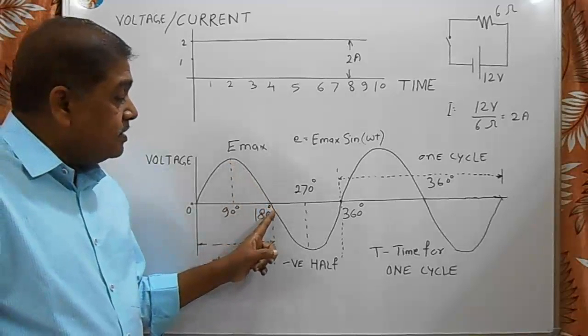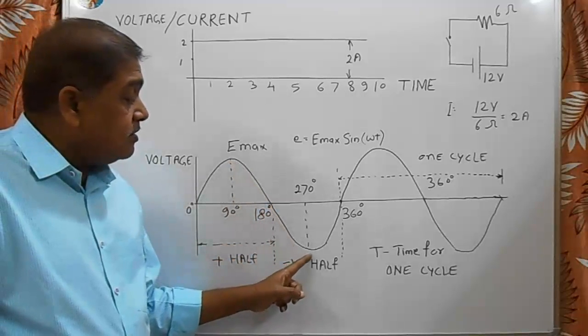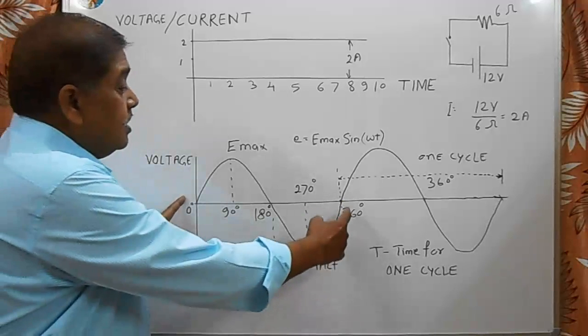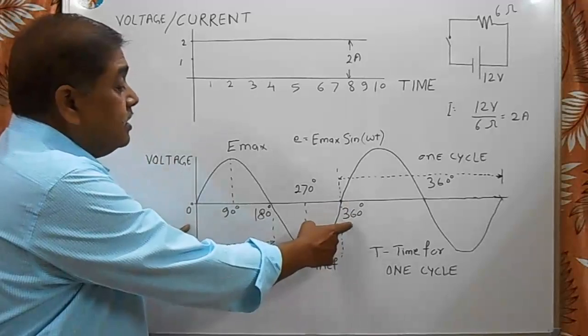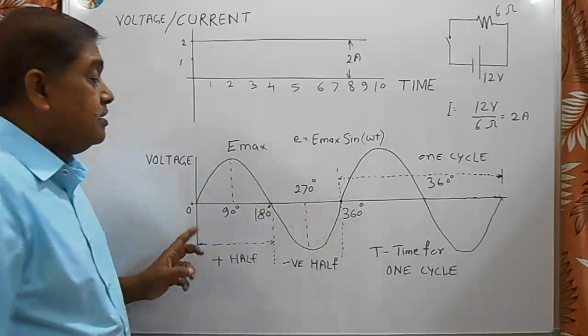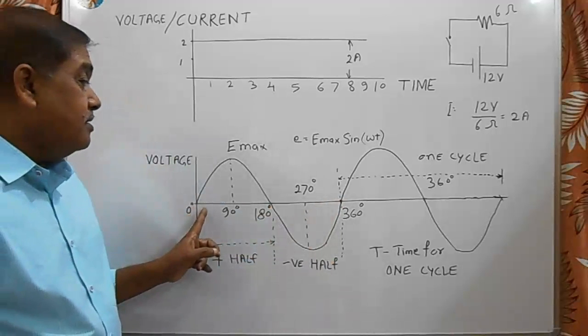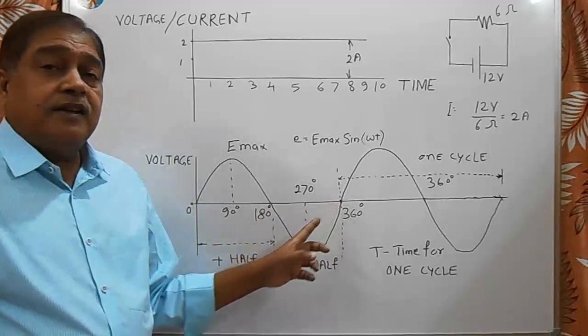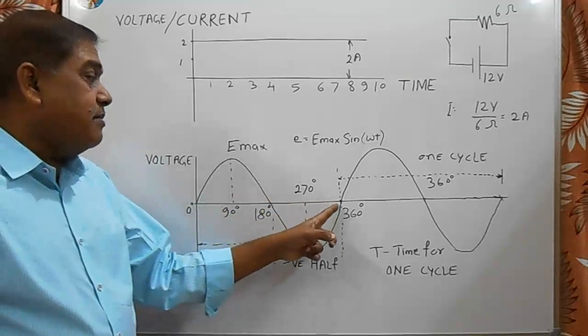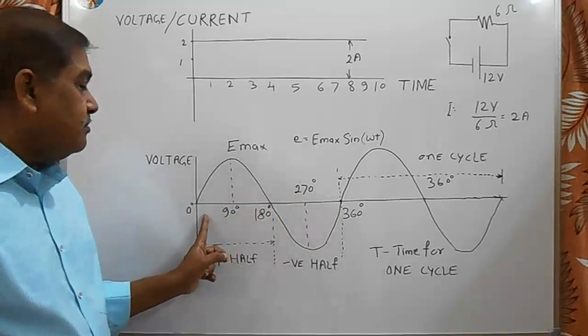Again voltage increases in the negative direction and then goes to 0. Here time is equal to degree. One positive half cycle and one negative half cycle make a complete cycle, that is equal to 360 degree. As per the frequency of this voltage, the time required can be found out.